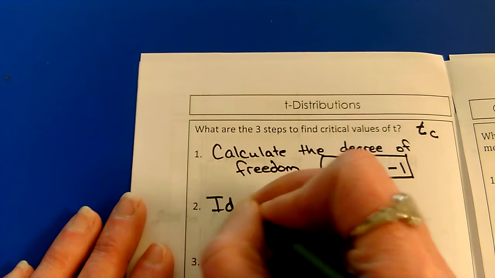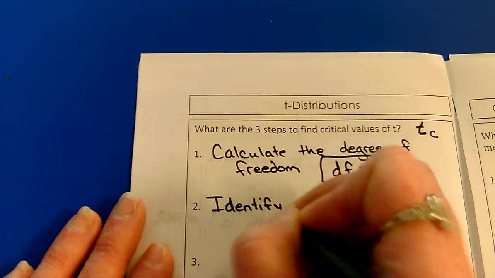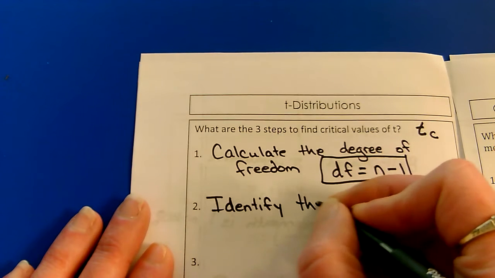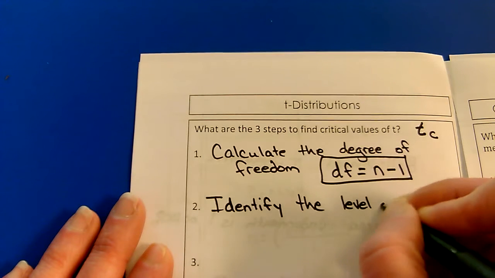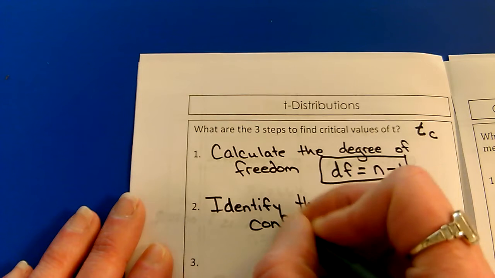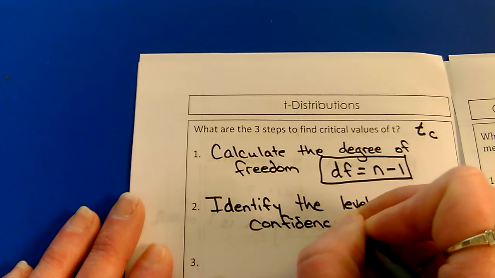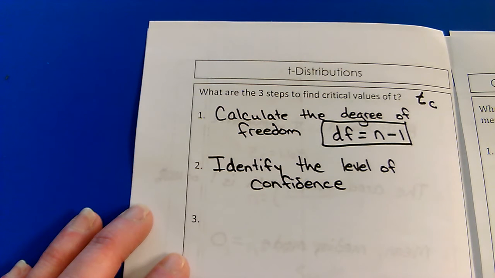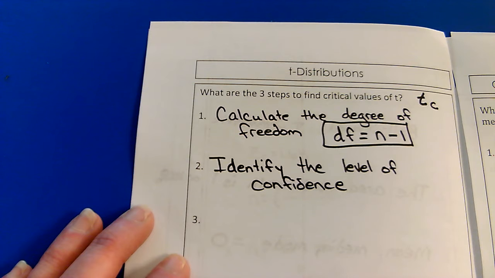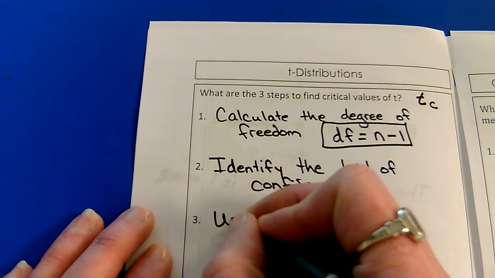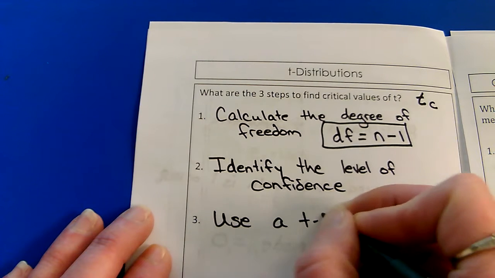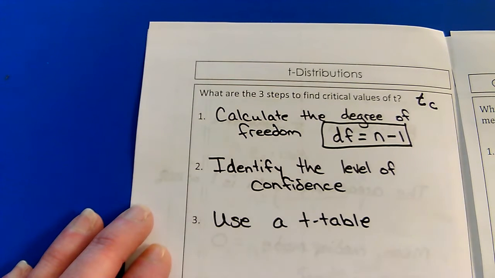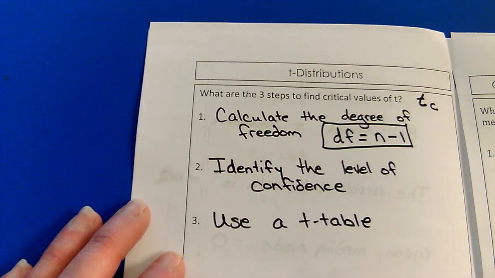The next thing we have to do is identify the level of confidence. Now, to find the critical value, and I hate to do this to you, but really the easiest way is to use a t-table. So we're going to learn how to use that today.